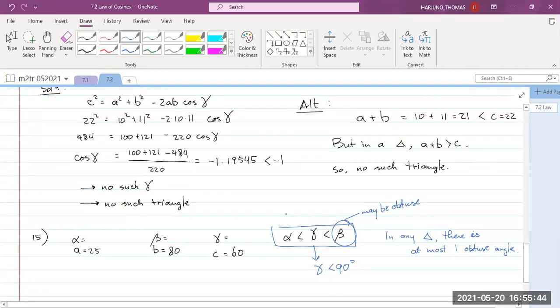So if you ask me to do this, in this order, I will do this one first, and then this, and of course, this is automatic, right?